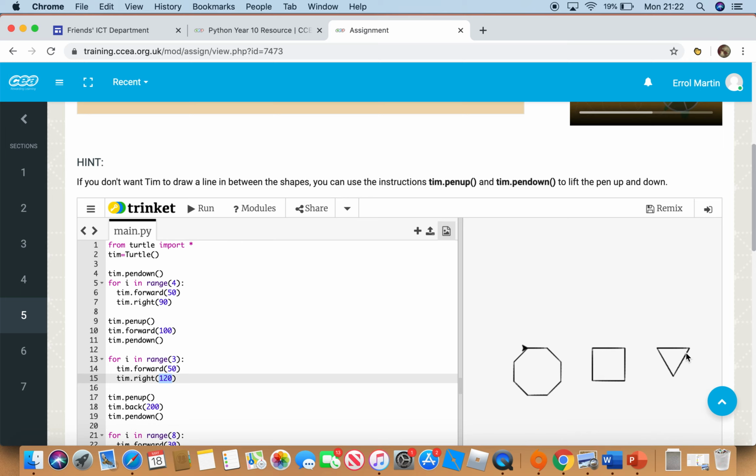So if that's 60 degrees, then that is 120. So Tim moves forward 50, then turns right, or clockwise, at an angle of 120 degrees. He does that 3 times, and that's him back to here. And then he's still facing this direction.